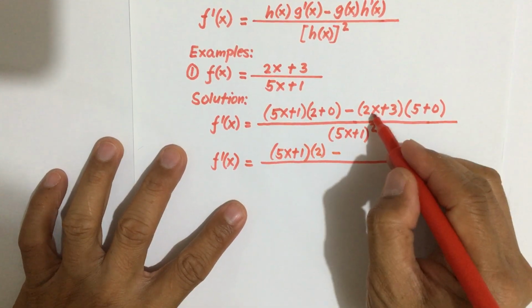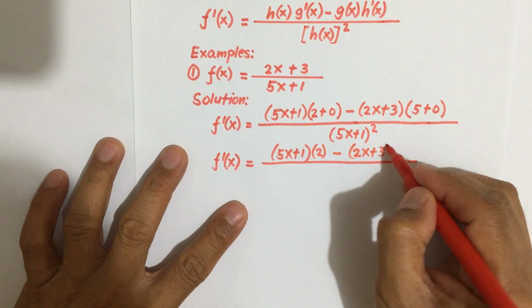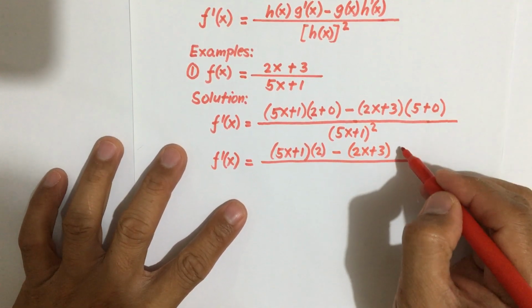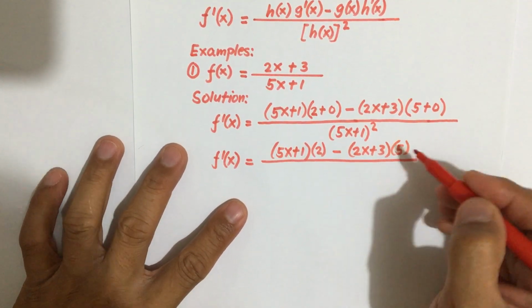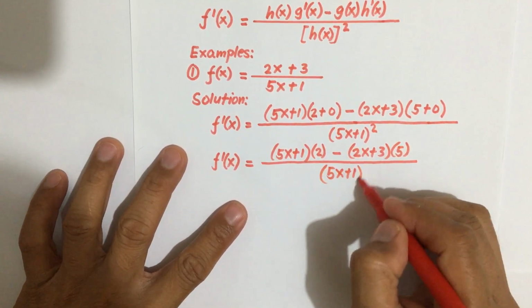Then minus 2x plus 3, then multiply this by 5 plus 0, which is 5. Divided by 5x plus 1 squared.